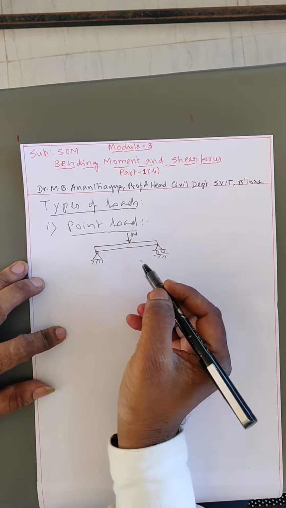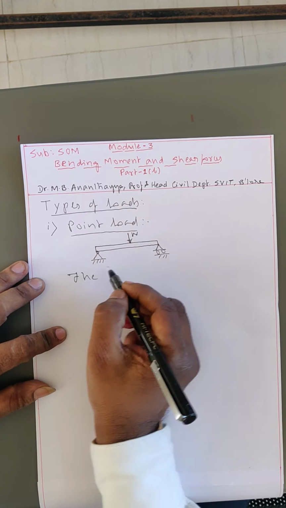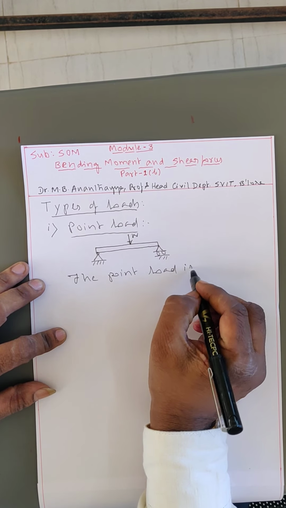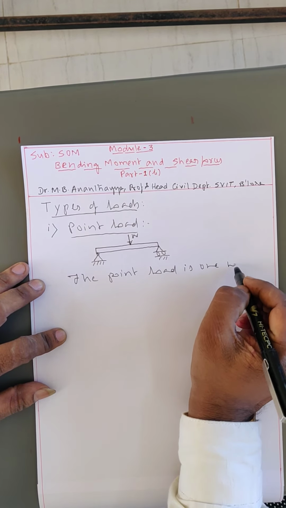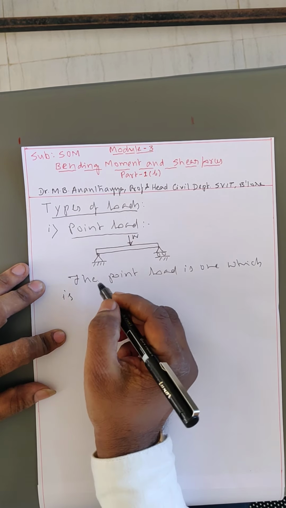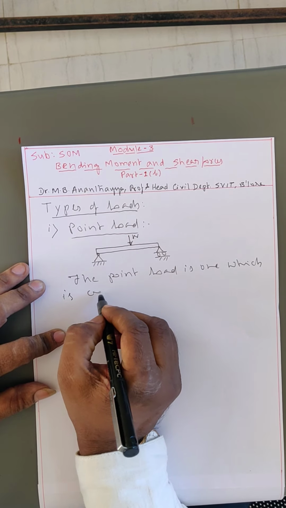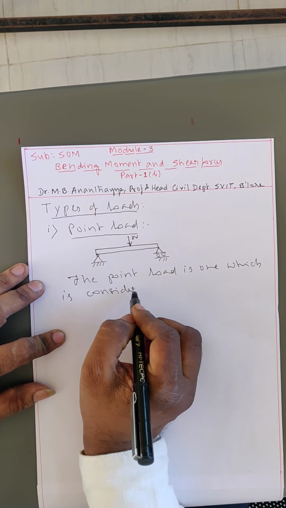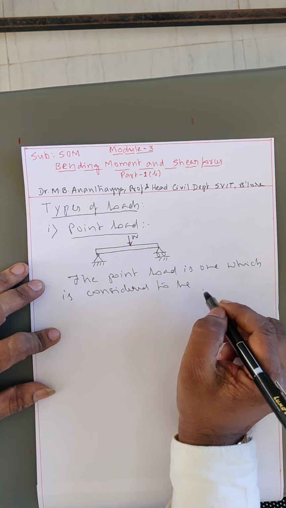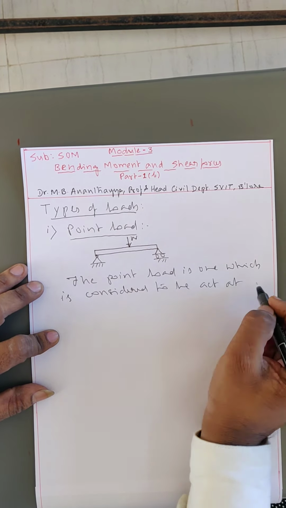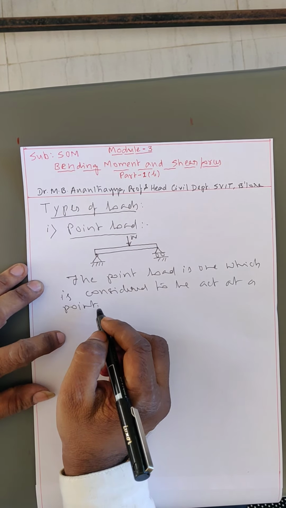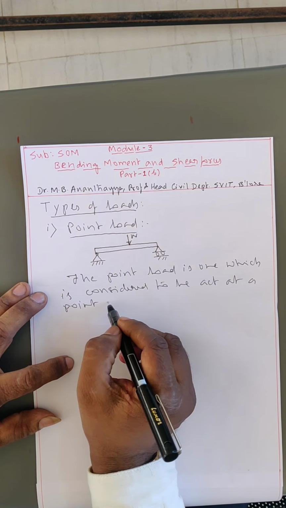This W load is called point load. The point load is one which is considered to act at a point, as shown in the figure above.